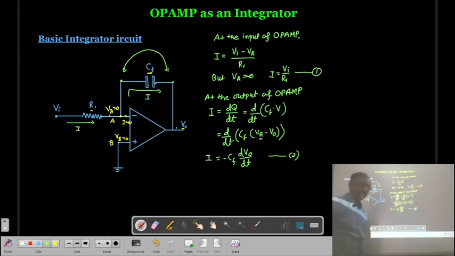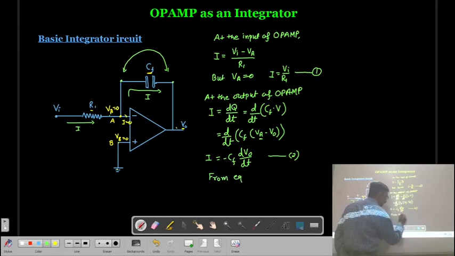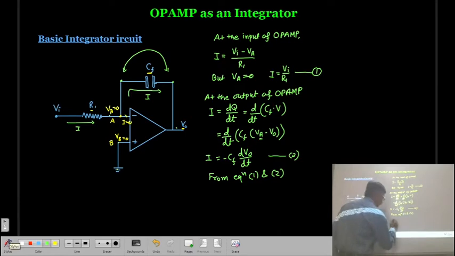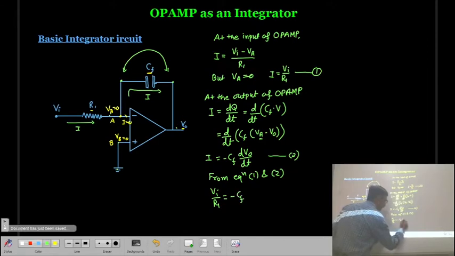Now you can compare both currents, the input current and the output current. Both are the same, so from equations 1 and 2, we can write VI by R1 is equal to minus CF into dVO by dt.